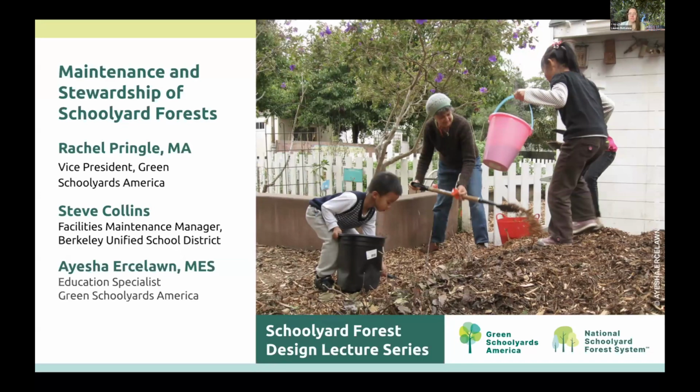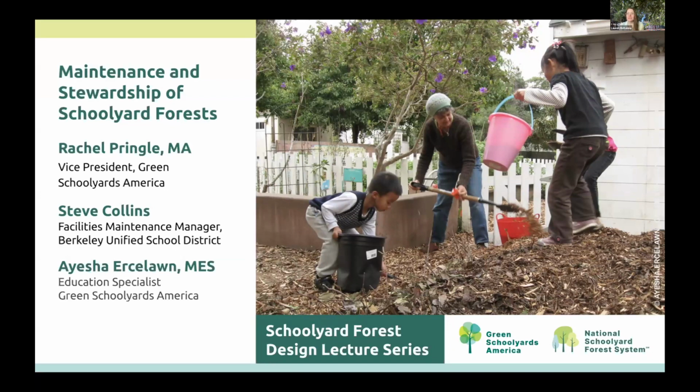To introduce our speakers, Rachel Pringle is Vice President at Green Schoolyards America. She's developed programs and organizations in the outdoor education and green schoolyard fields for over 20 years. Rachel's taught in and cared for a public school garden for several years and is co-author of How to Grow a School Garden, a complete guide for parents and teachers from Timber Press. She holds a BA and an MA in conservation biology from the University of Pennsylvania.